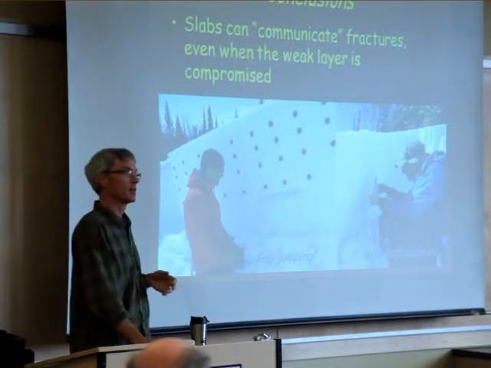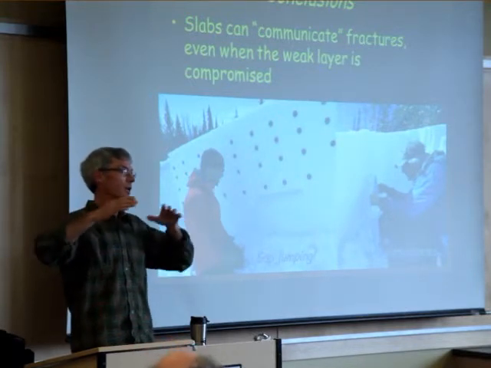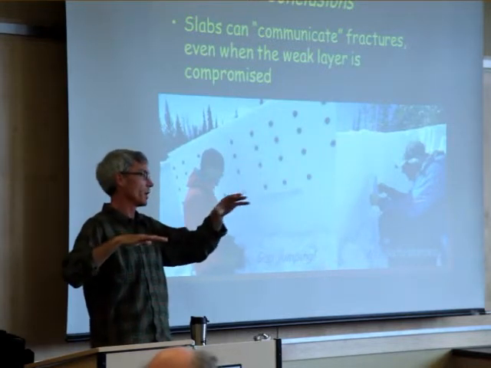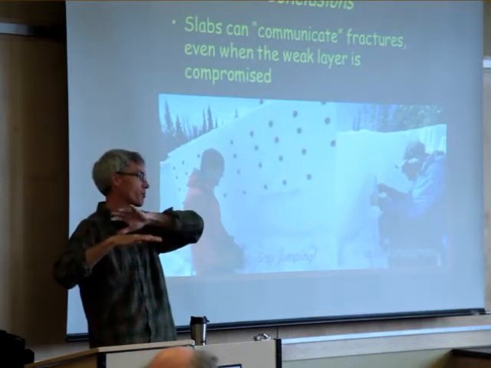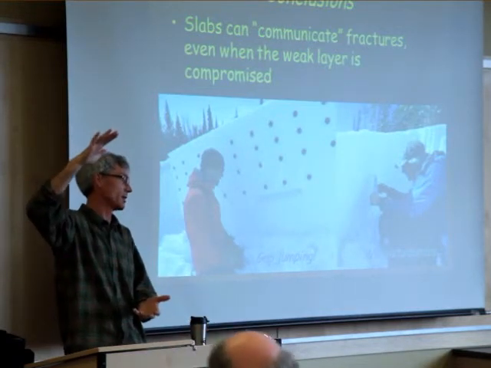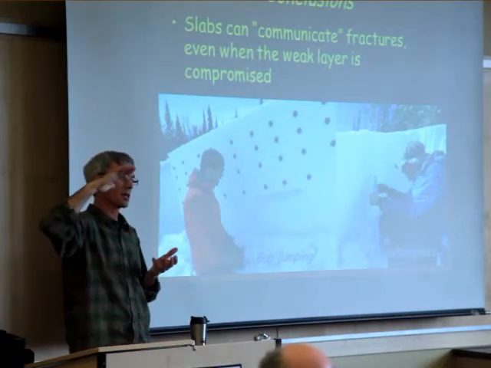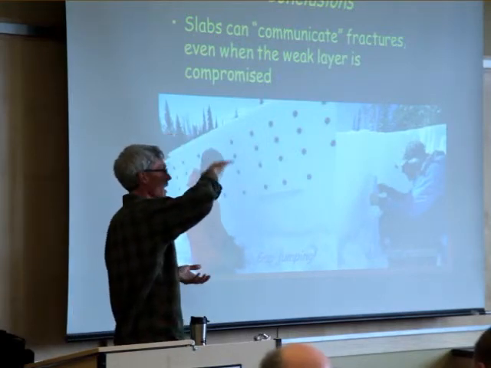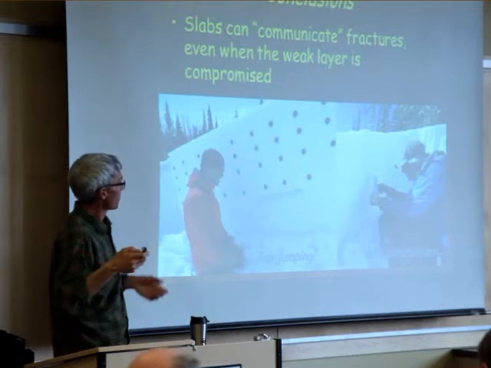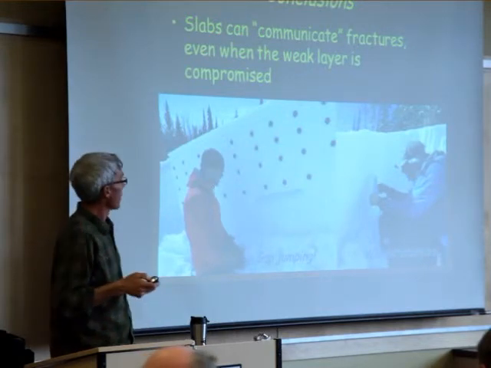You see it where the weak layer just seems to disappear for a period of time, maybe through a wind-blown area or whatnot, but the fracture just keeps going. And especially it seems like when you have really deep slabs, those slabs can communicate that beyond where that weak layer might be compromised.